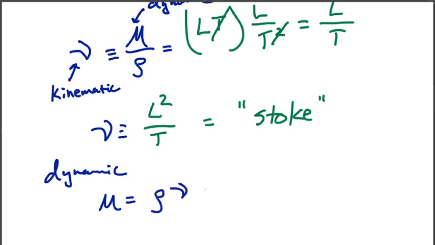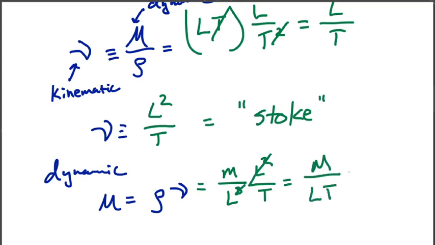So this has some kind of different units. It's got a unit of mass over length cubed for our rho, times the length squared over time for our nu. When these lengths cancel, this turns into a funny unit of mass per length time, and we call this Poise.